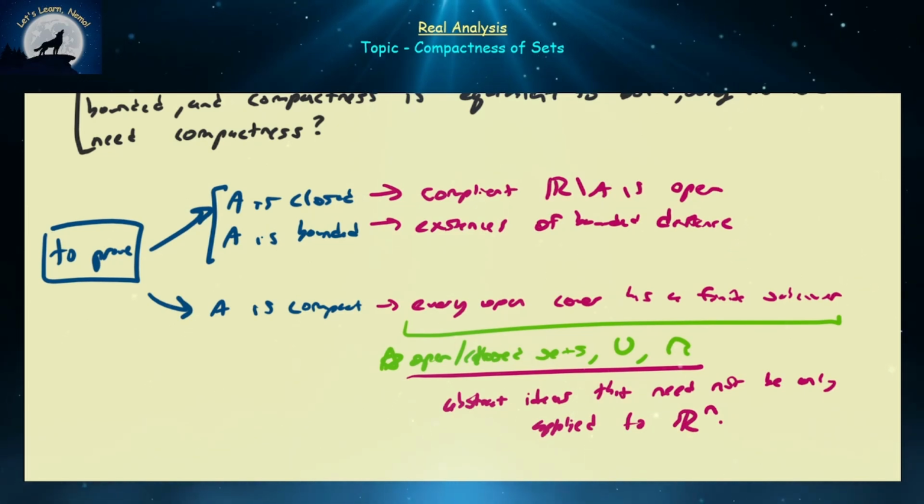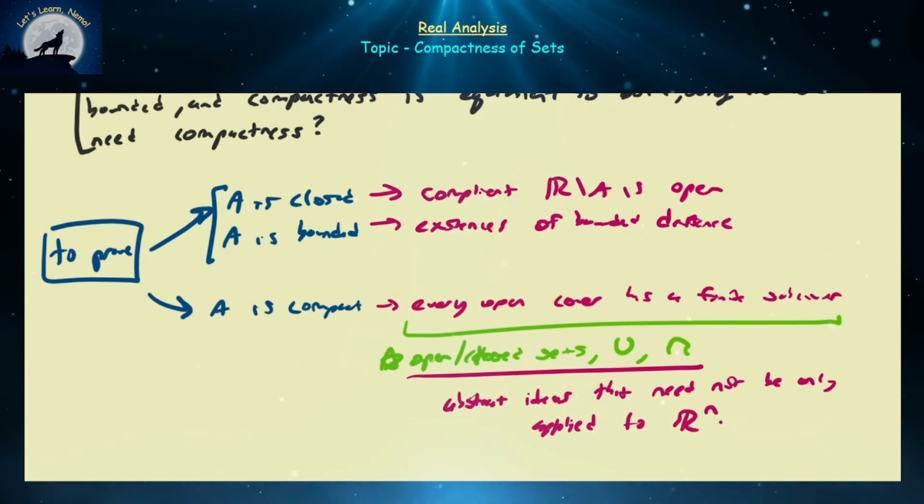So if we want to talk about what it means for a set to be closed and bounded in another world aside from R, compactness sometimes gives you a little bit more flexibility on how to show that they must be closed and bounded, because compactness only assumes knowledge and comfortability with openness, closed sets, unions, and intersections, both finite and infinite, right?